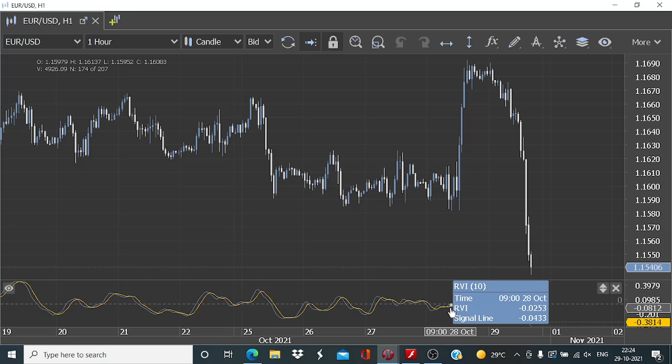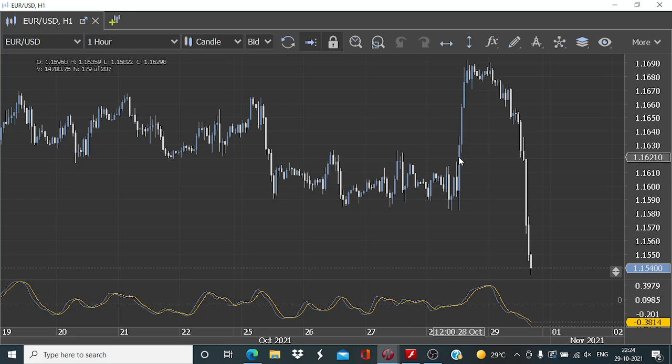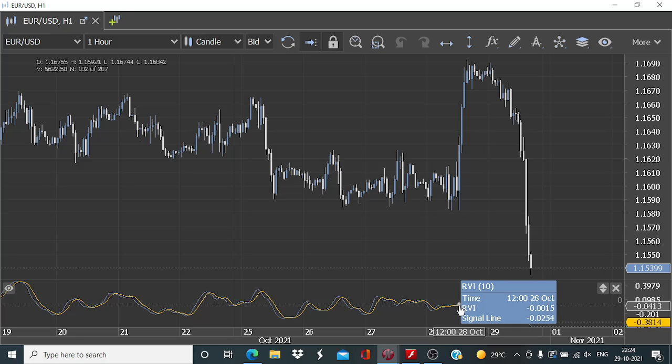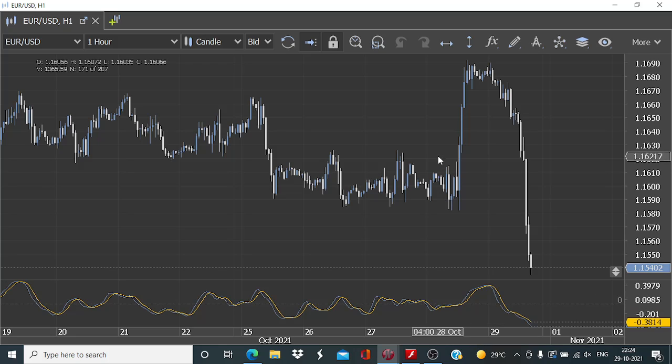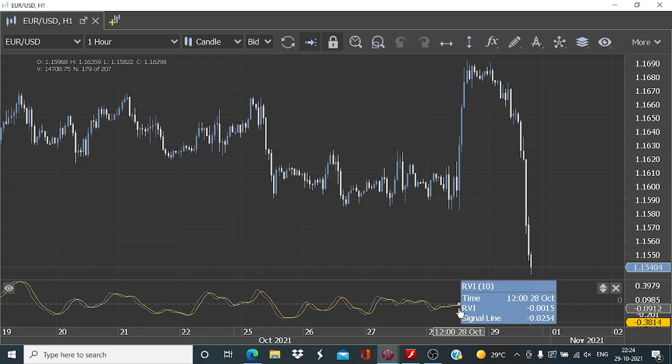And also I think we will have to look at the RVI output, and it looks like the time is 12 o'clock, and the RVI output at 12 is still below zero. So I think it might not happen here, but somewhere here we will have the RVI output above zero.